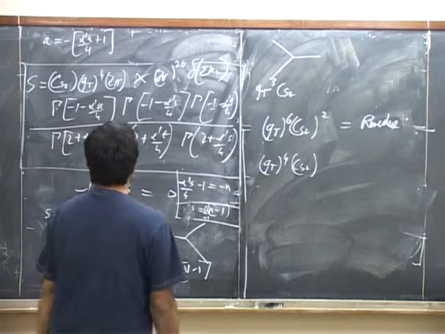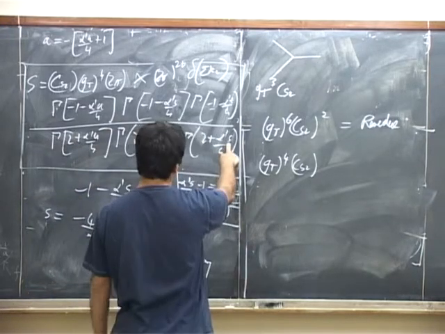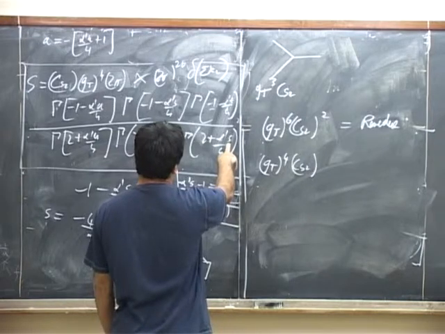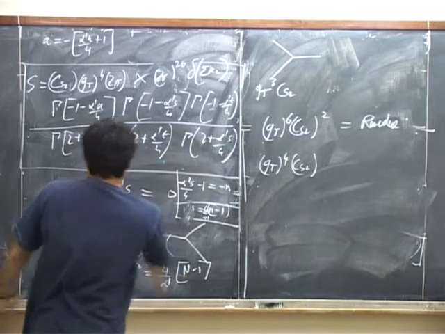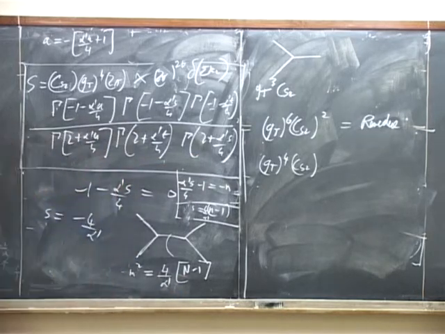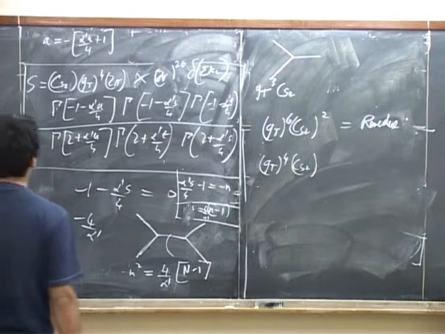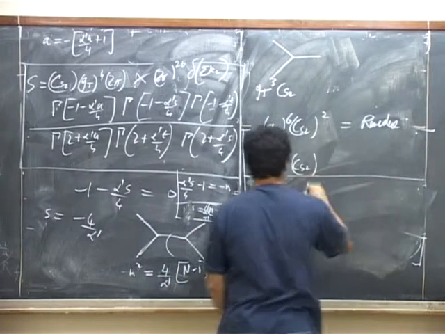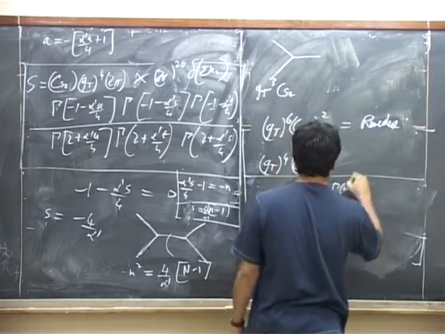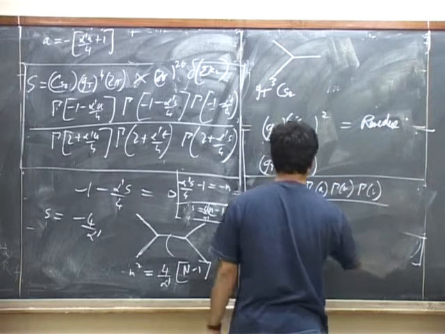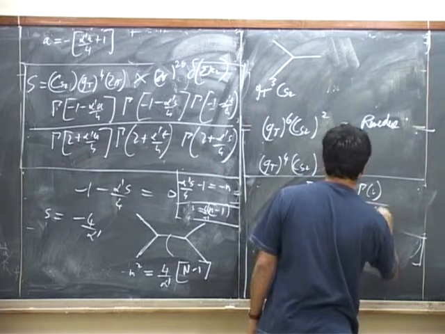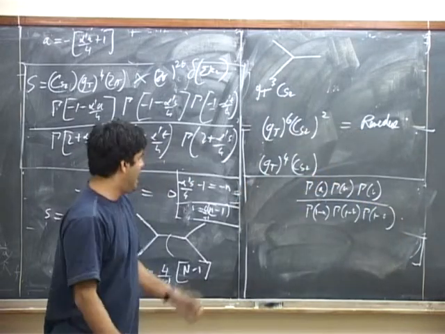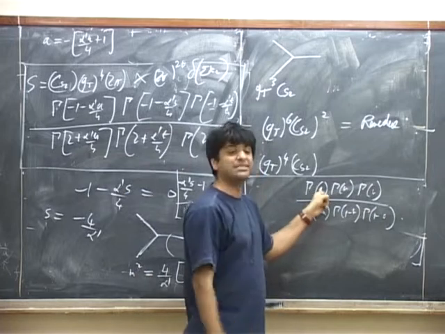Well, let's see. Firstly, from here we get gamma of 1, which is 1. But then we have all this other stuff floating around. But I claim that the other stuff cancels. Let's see how that works. It's actually easiest to see. You have the formula gamma A, gamma B, gamma C over gamma of 1 minus A, gamma of 1 minus B, gamma of 1 minus C. And when we got our first pole is when, let's say, A was equal to 0.